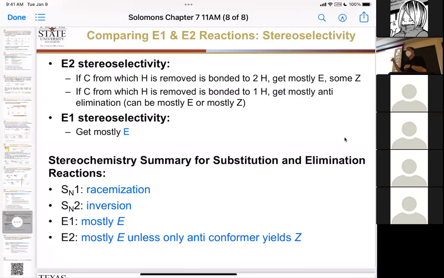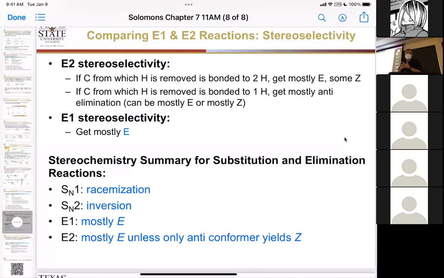If you only have one choice, whatever position you have to rotate to put them into the anti position is what you're going to get. So you have to draw that Newman projection, get the leaving group and hydrogen in the anti position, and that tells you what you get. So it's isomer dependent.